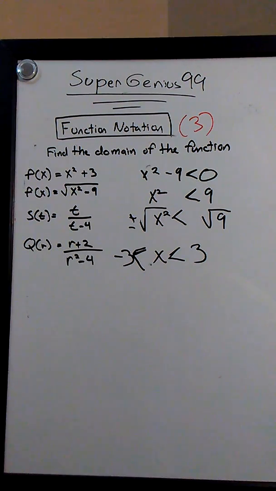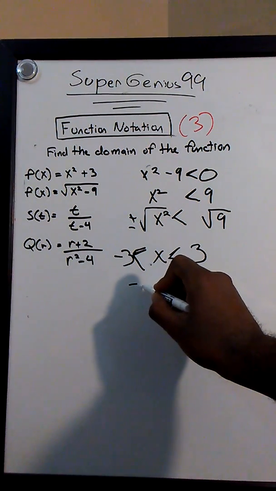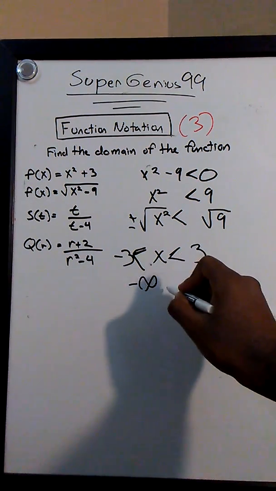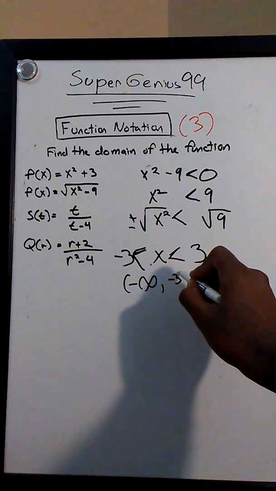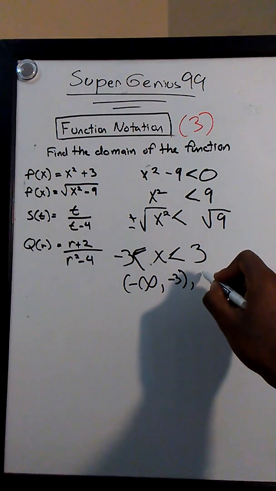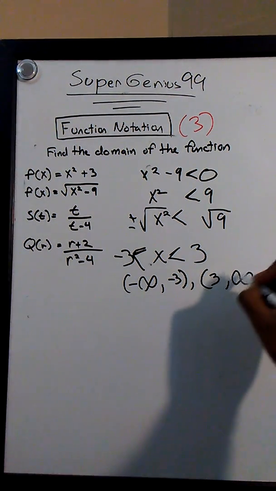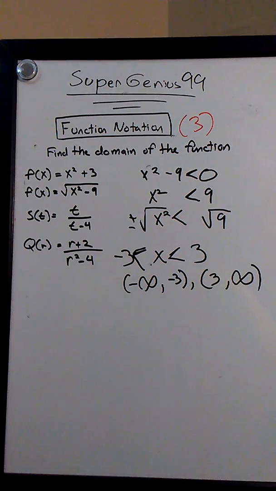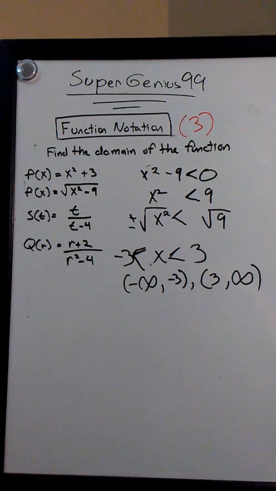And how do we write that in set notation? Negative infinity to negative 3, comma, positive 3 to infinity. And notice how we're using the parentheses. Parentheses mean we don't include the negative 3.